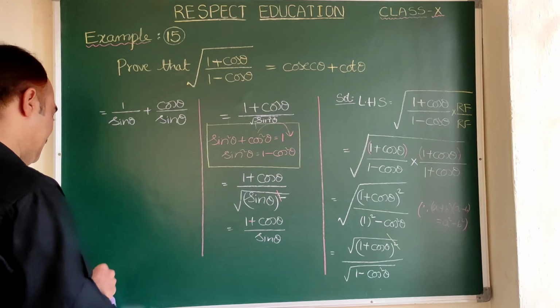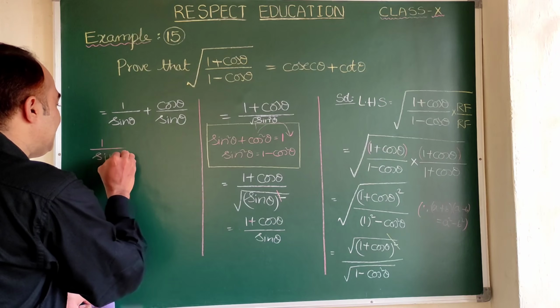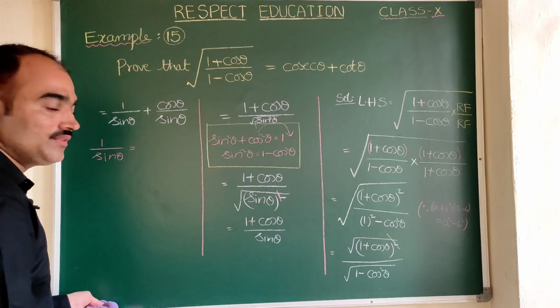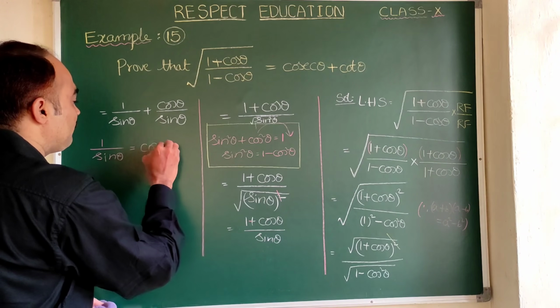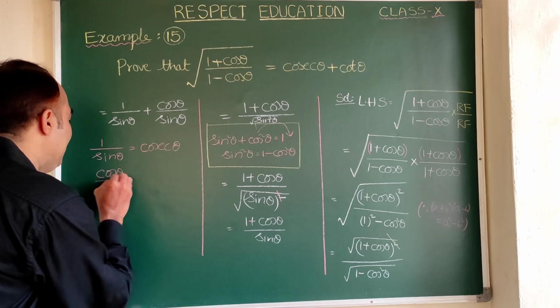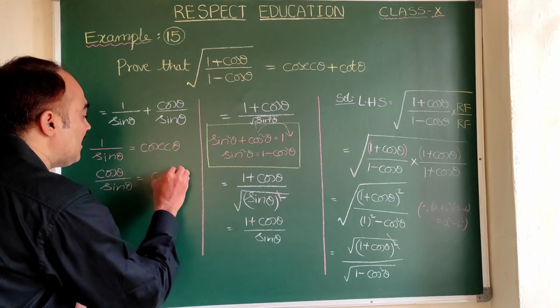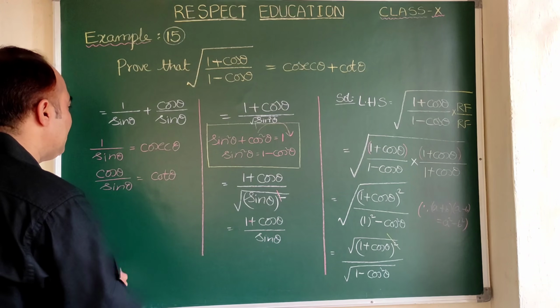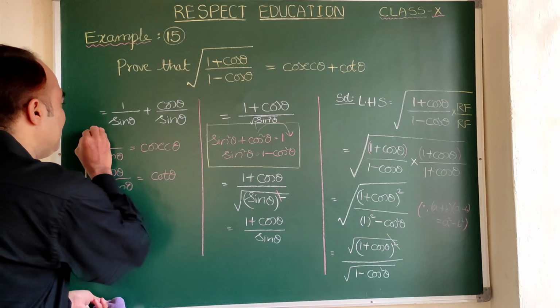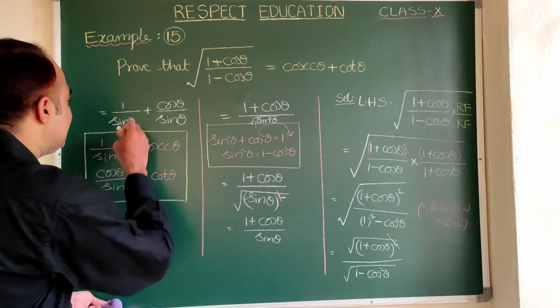Now here, reciprocal formulas. We have 1 by sin theta can be written as cosecant theta, and cos theta by sin theta can be written as cot theta. So based on these formulas, we can change the step.